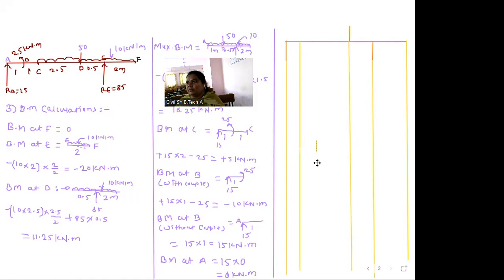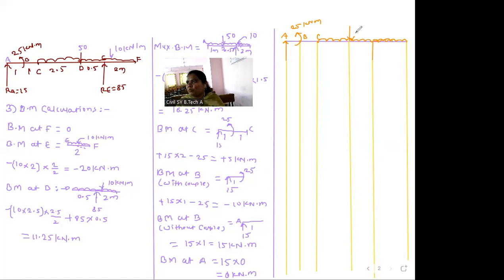After B, here C point is there. Now all points are over. I will mark the figure here. So this is A point. At B point, a moment couple is applied, 25 kilonewton meter. This is B point, this is C point, and from C to the remaining span, a uniformly distributed load is applied.